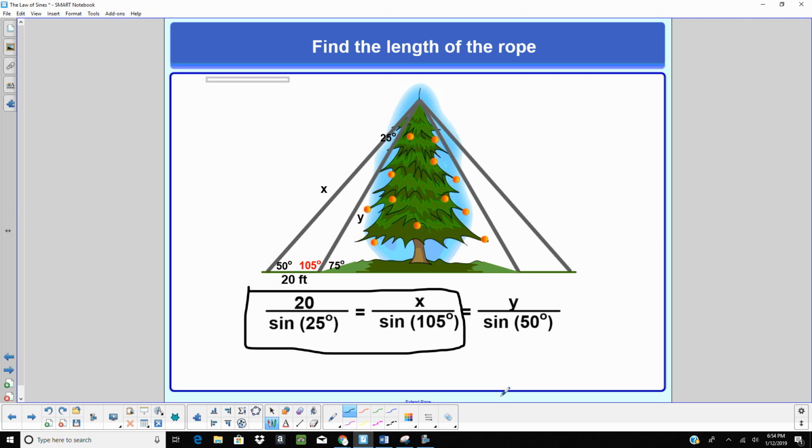So that's just going to be calculator work. Actually, I don't even have to cross multiply on that one. I'm just going to take 20 divided by the sine of 25. And I should get 47.32. And then I'm going to multiply that by the sine of 105.